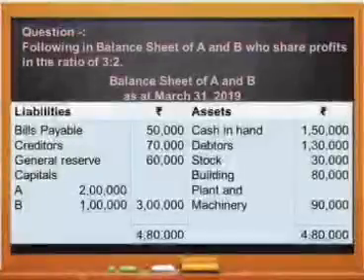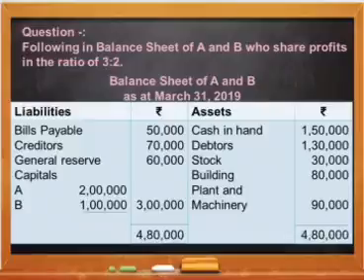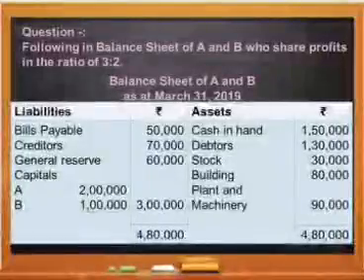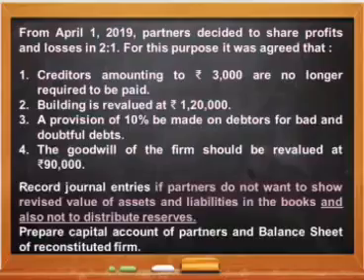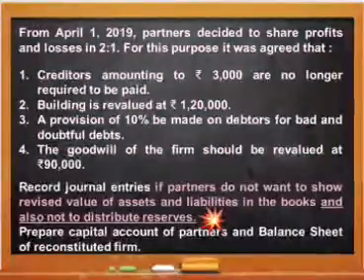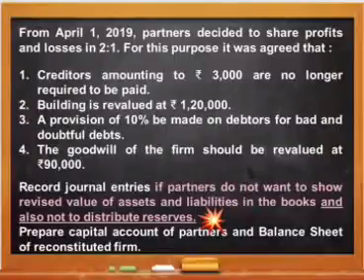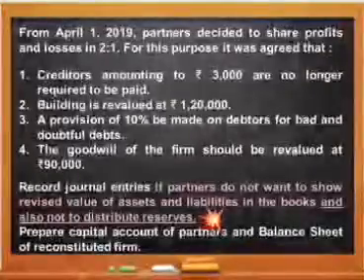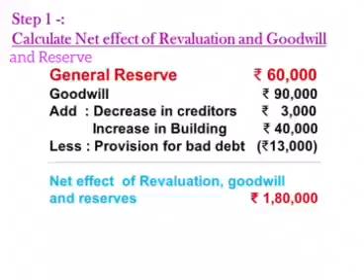For example, in the same question that we discussed just now, let us modify it a little. Now it is written that the journal entries are to be recorded if partners do not want to show the revised value of certain assets and liabilities in the books and also do not want to distribute reserve. In such a case, we will calculate the net effect of revaluation, goodwill and reserve together.